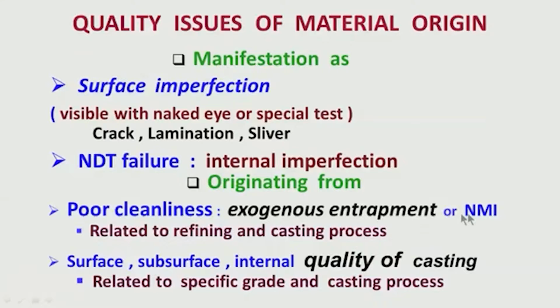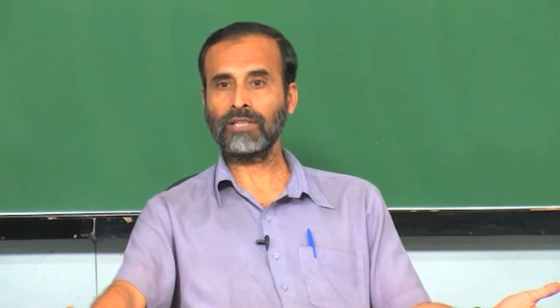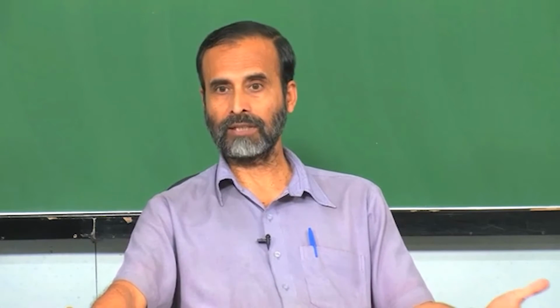Now, some of these inclusions might be a metallurgical product of the process of steel making. For example, we know that we have to kill the steel, we have to deoxidize the steel in the processing.